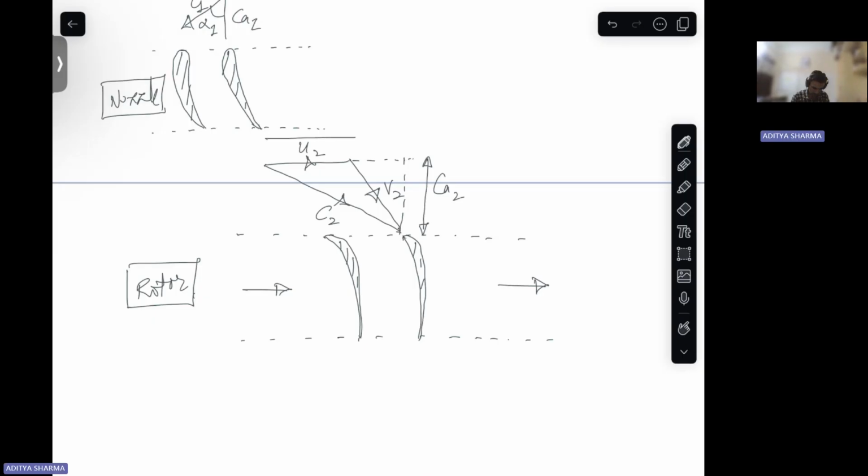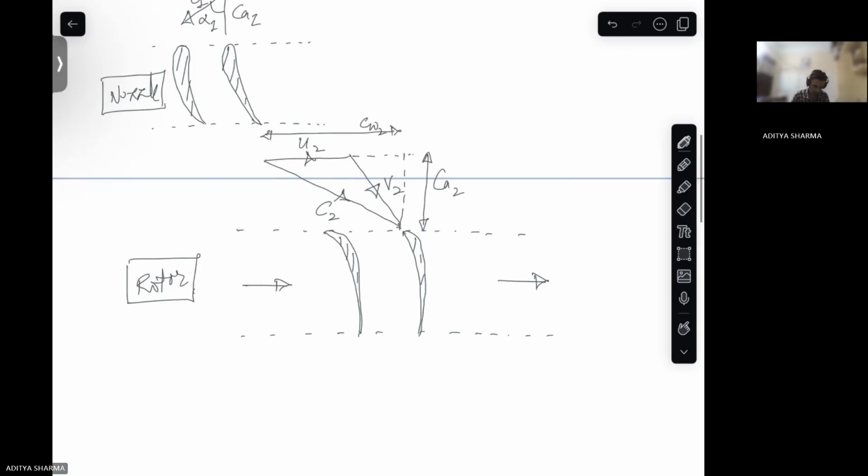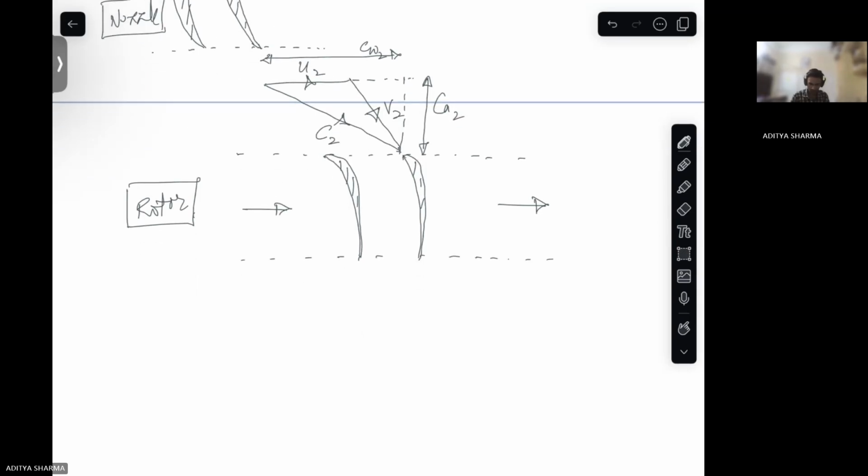And if you break C2 into two perpendicular components, this is the speed of blade. Then this is coming in this direction.